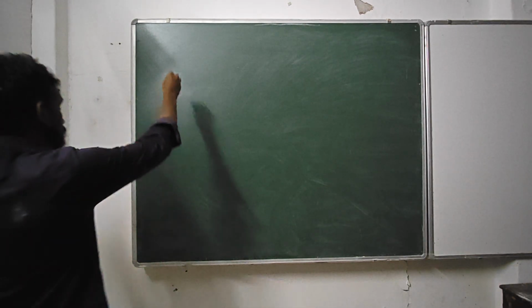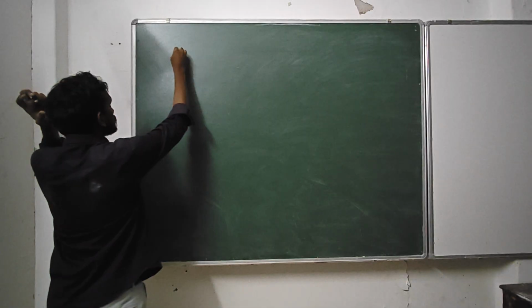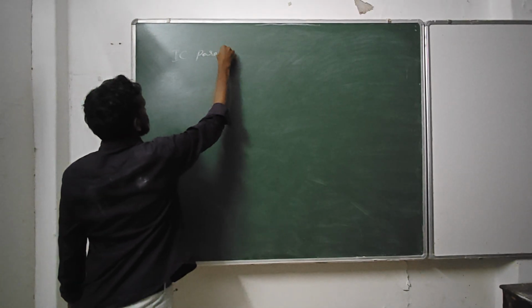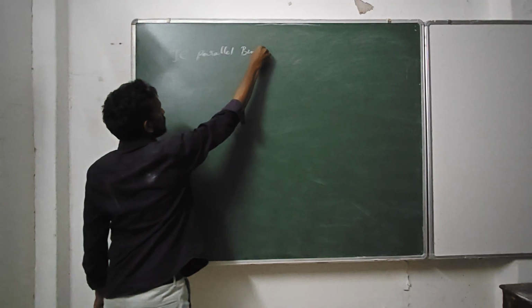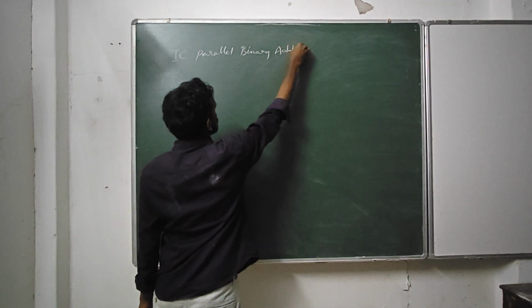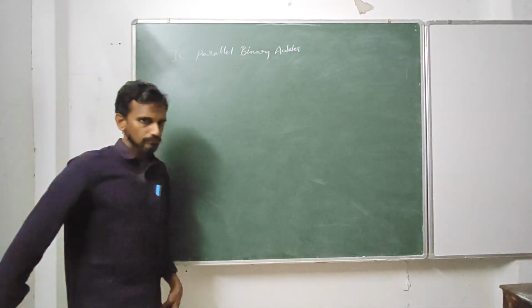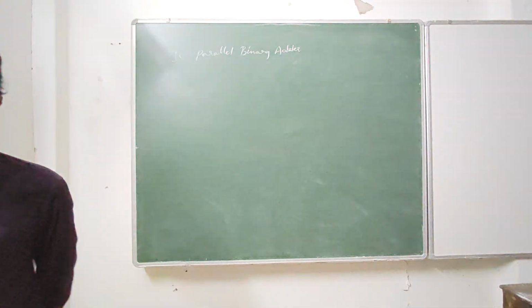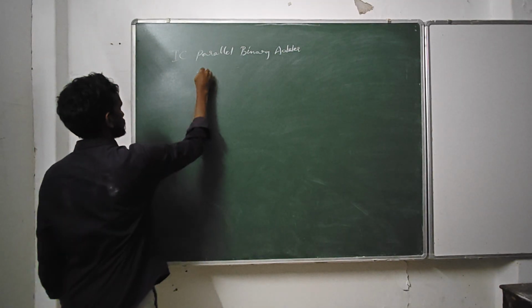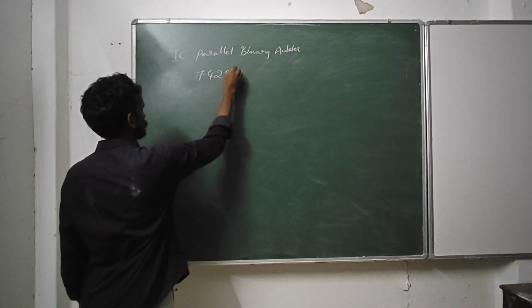So next one is IC parallel binary adder. The IC number is 74283.